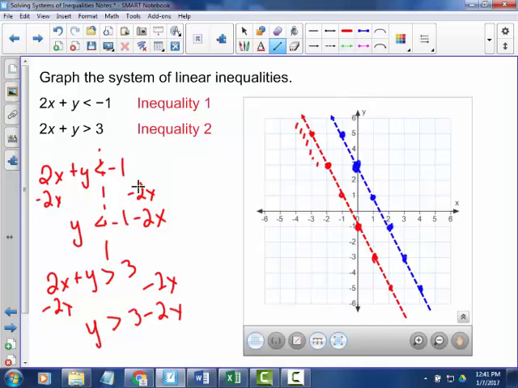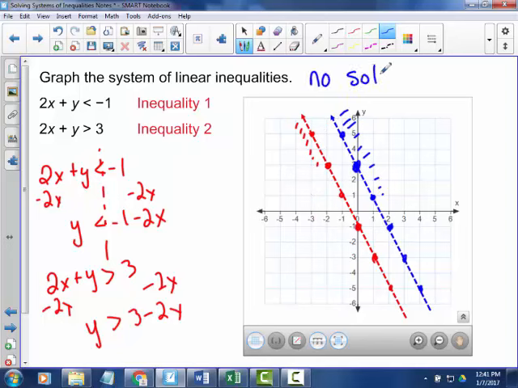And we're greater than this line. Okay. So we're shading that way, which means that our two lines don't actually have an overlapping, so this would be no solution. There's not going to be any point that works. Okay. All right.